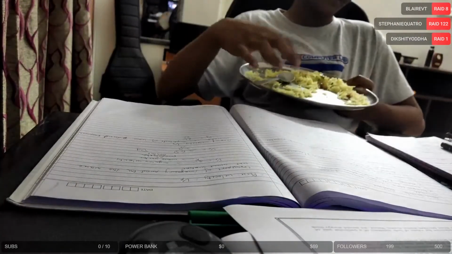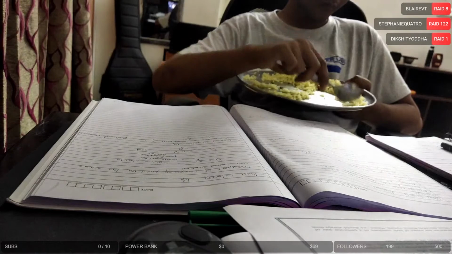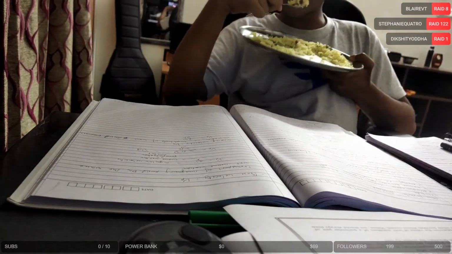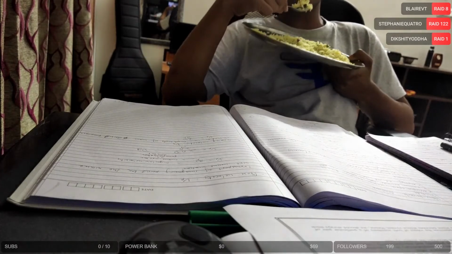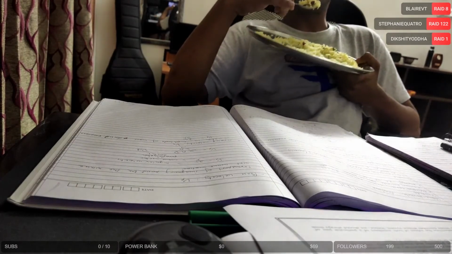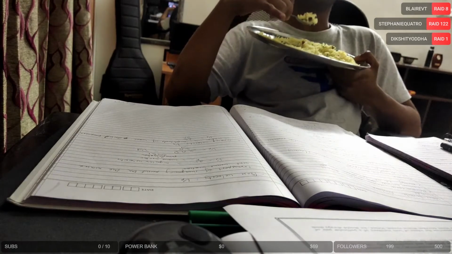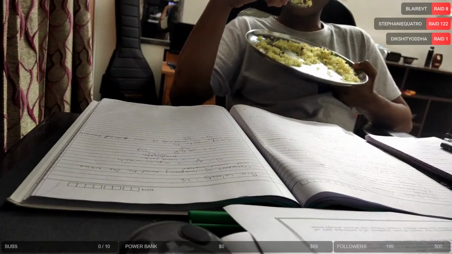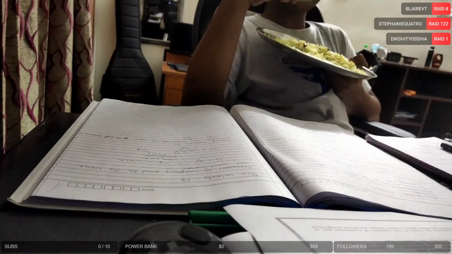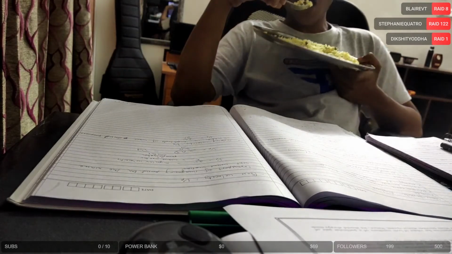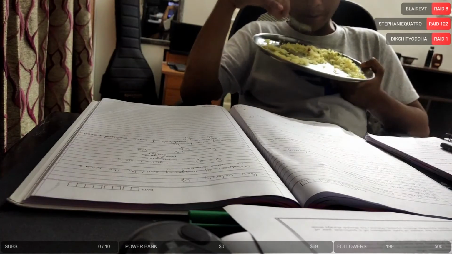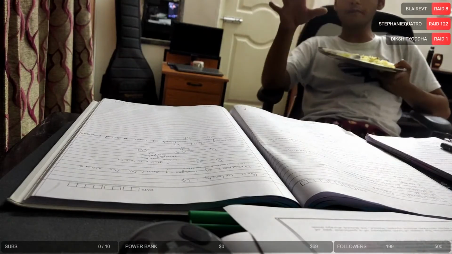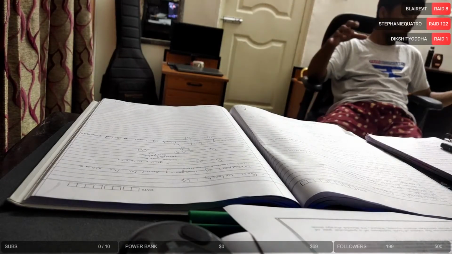Alright, here's the thing. The de Broglie wavelength that is given to us is lambda equals h by p. We can write p as mv.